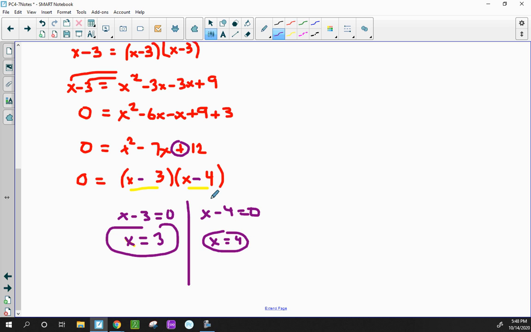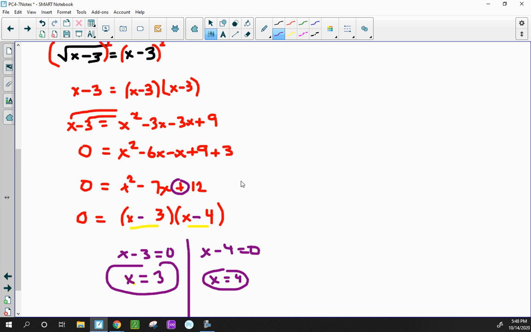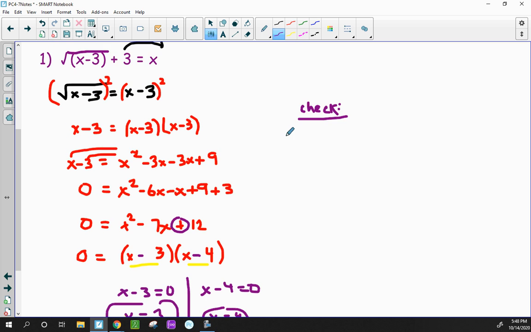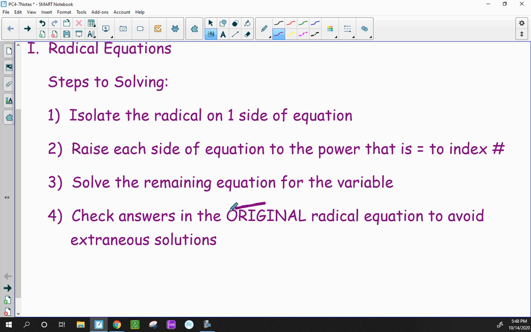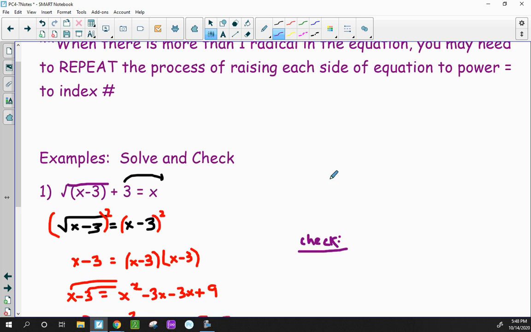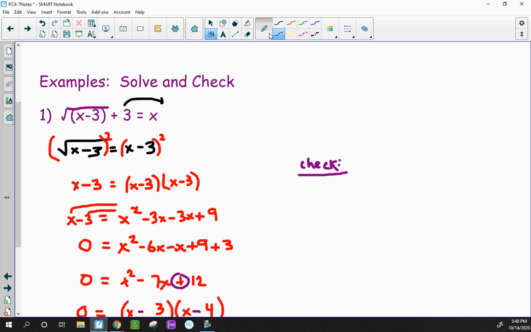And so I have completed that part, and the last step in the process for these radical equations is you must check it, because there are some problems where the answers don't work. Going back to the first slide, you're going to check your answer in the original radical equation.